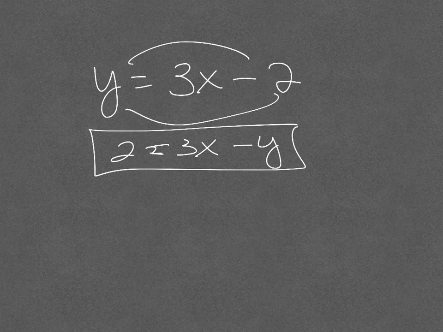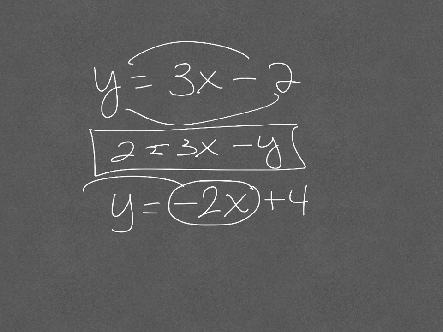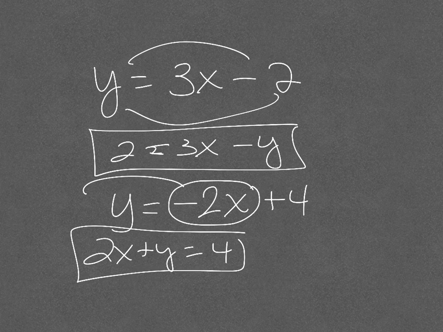What if I had y equals negative 2x plus 4? I can just take this negative, move it over here with a y. 2x plus y equals 4. If the x is negative, it's easier just to move it, because swapping the y and the number will make a whole bunch of negatives.